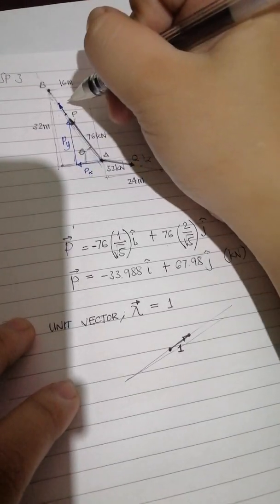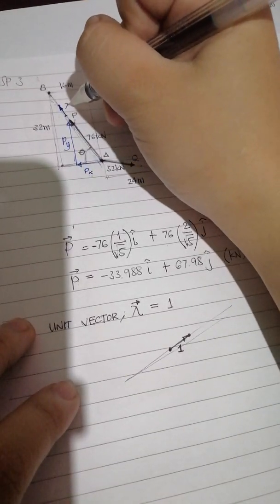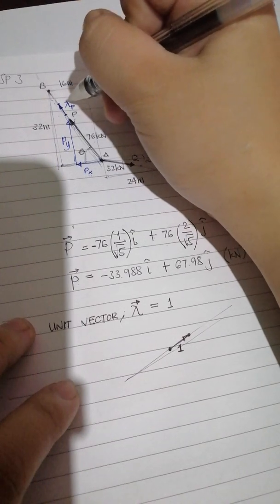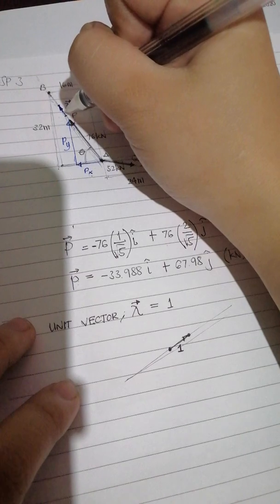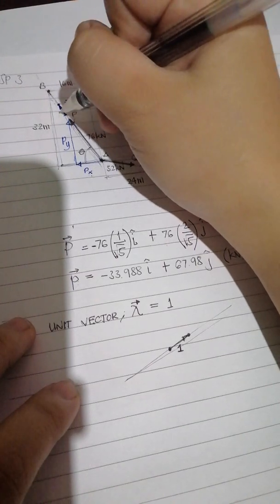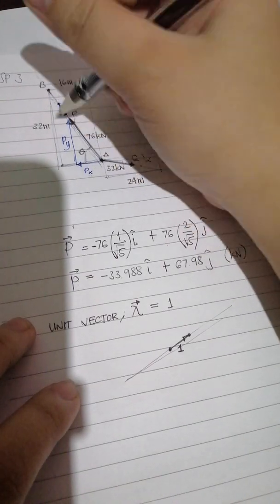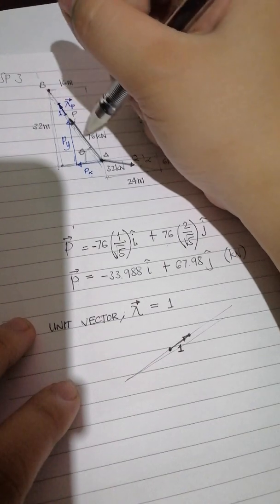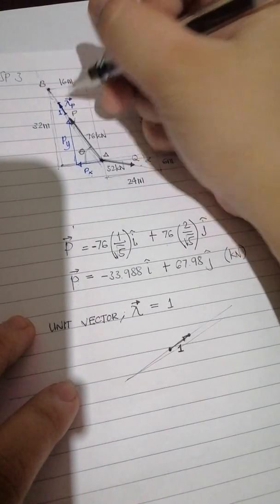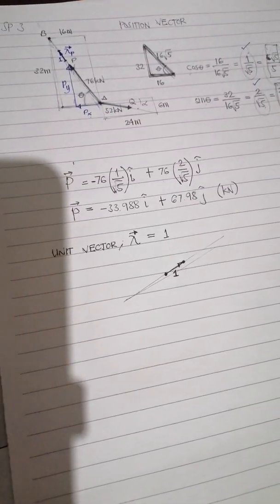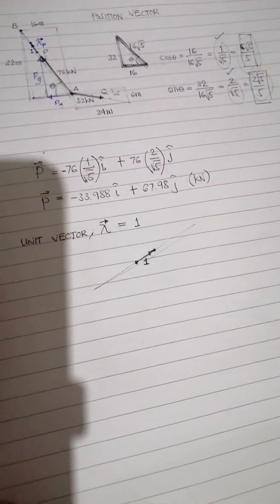And then say this is the unit vector for P. So again, we only get a magnitude of 1. So, out of the total length, you only get 1. That is the unit vector of P. So, how do we get the unit vector?